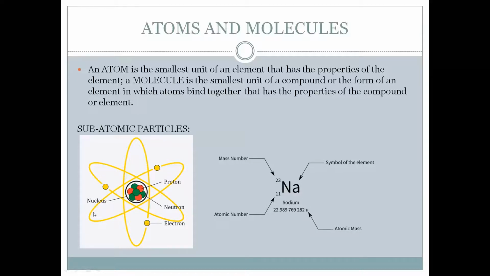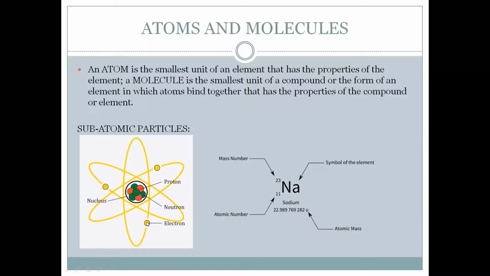Okay, so let's go to the subatomic particles. So we have these and also this ones. So the nucleus is the middle part, the center of the atom. And inside the nucleus, there is the proton and the neutron. Protons are positively charged. Neutrons are neutrally charged.